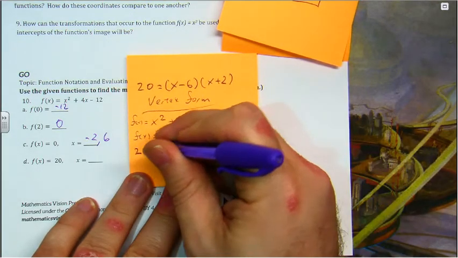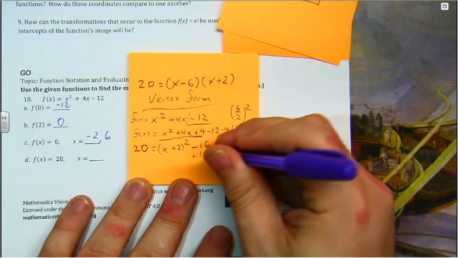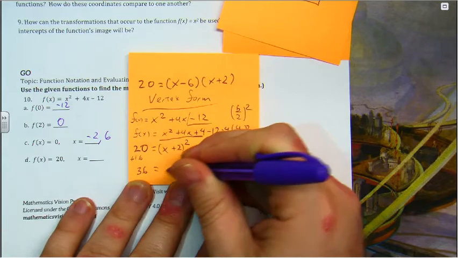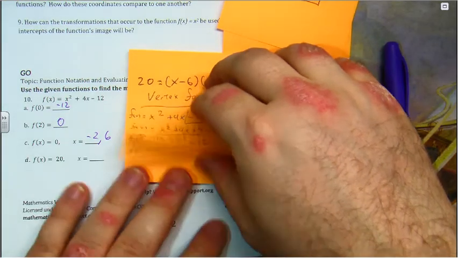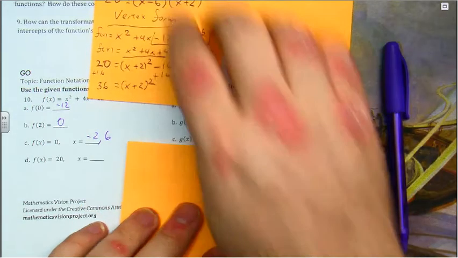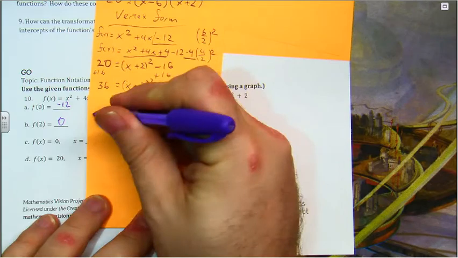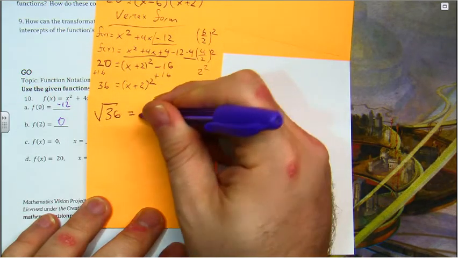Now I can set this equal to 20. I will add 16, giving me 36 equals x plus 2 squared. Okay, I'm going to write this on a second sticky note. So now I need to take the square root of 36 equals x plus 2.